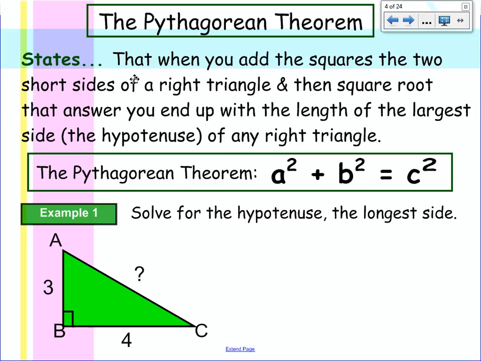To use Pythagorean Theorem properly, we need to know how to label our triangle. We need to know what A is, what B is, and what C is. C is the only one that's important. So if you can figure out which one C is, A and B really don't matter. Who remembers what C is? Which one is it, Shane? The question mark. It is the question mark. And Nick used a good word. What was it, Nick? It's the hypotenuse. So C is the hypotenuse.